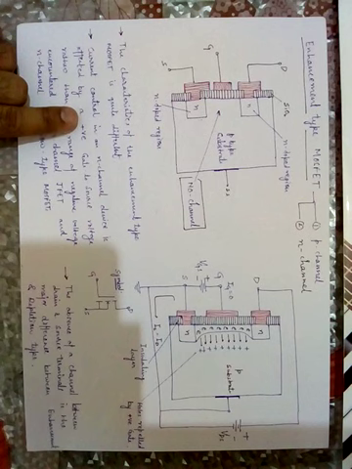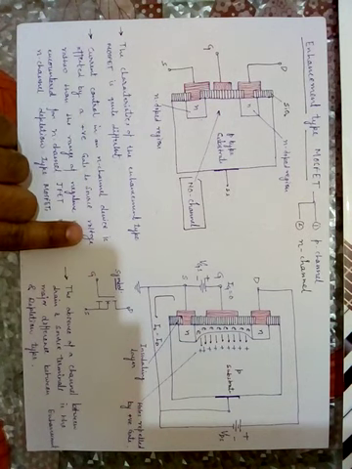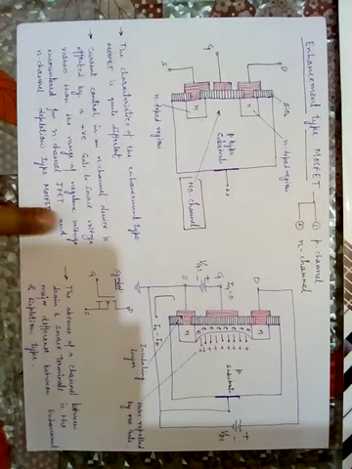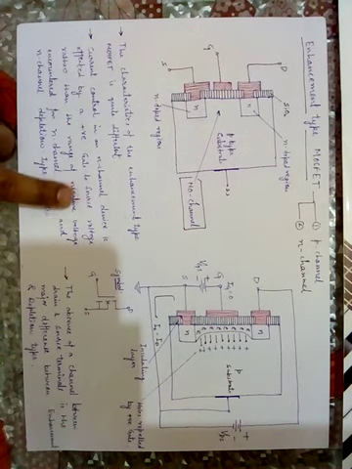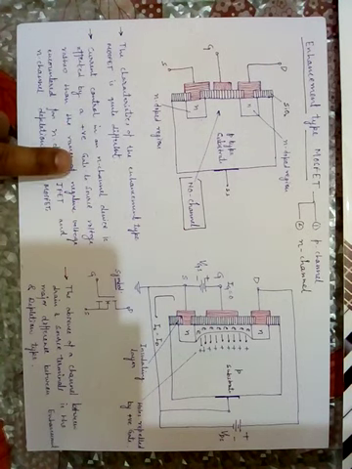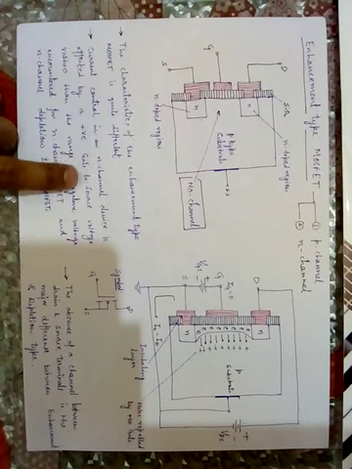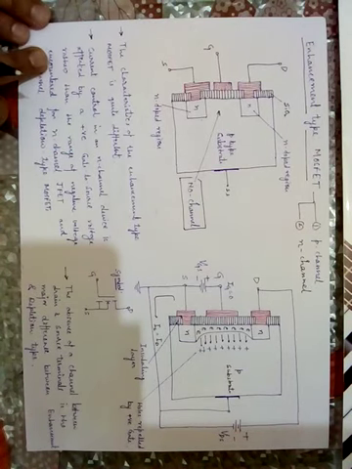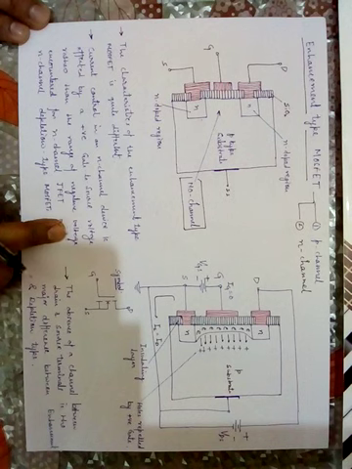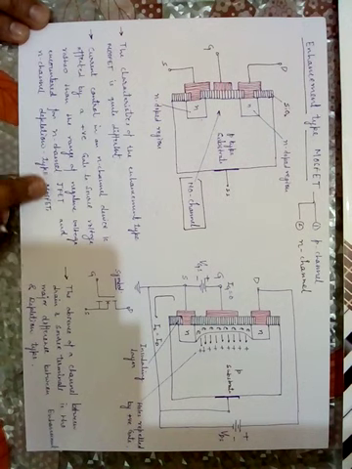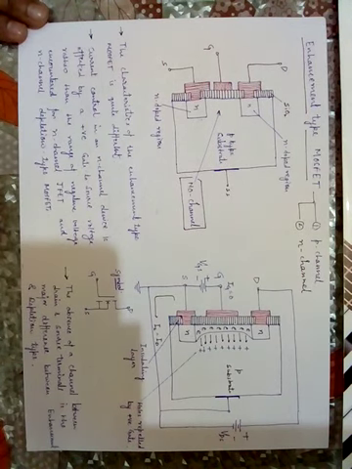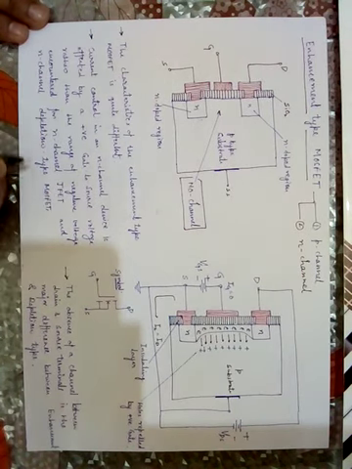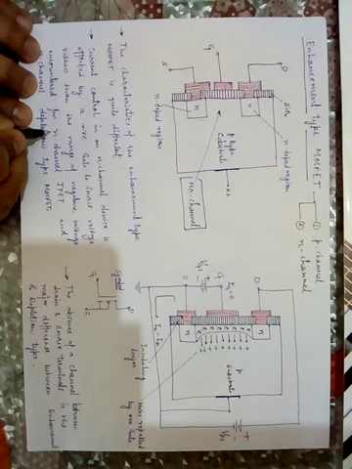Current control in an N-channel enhancement type MOSFET device is affected by a positive gate to source voltage. I mention here positive gate to source voltage, rather than the range of negative voltage encountered for N-channel JFET and N-channel depletion type MOSFET.